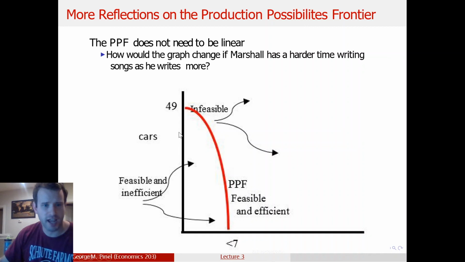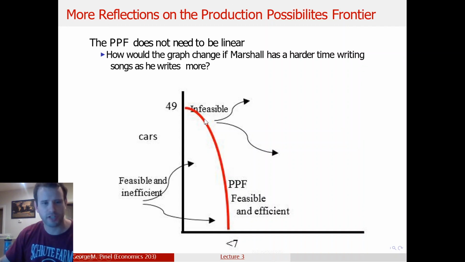So if the first day takes 1 day, one day per song, in the first day you can write 1 song, and you're still making the same number of cars, you're going to have the same basic slope. It'll be slope -7 at the top. But then if it takes more days to write a song, your trade-off is going to be a little higher, right?